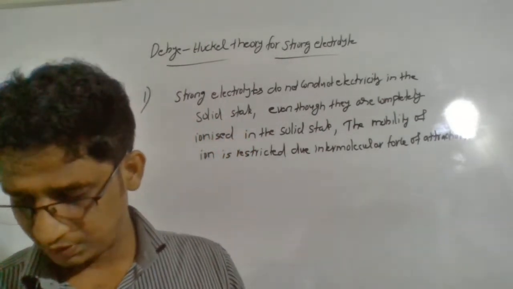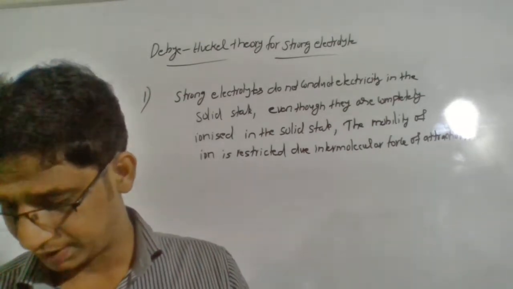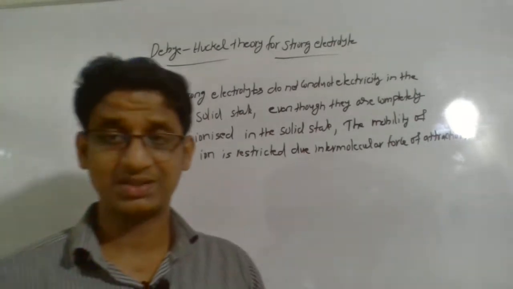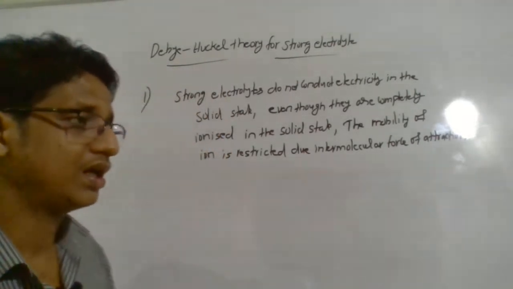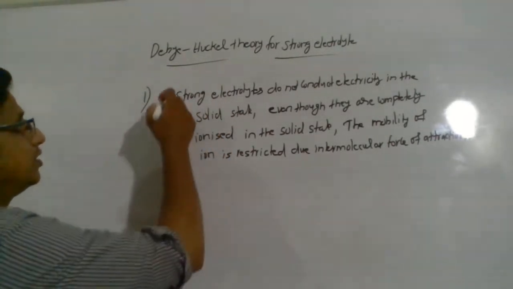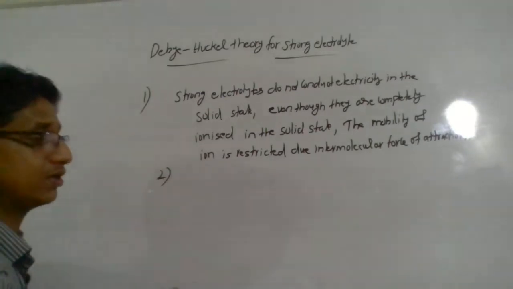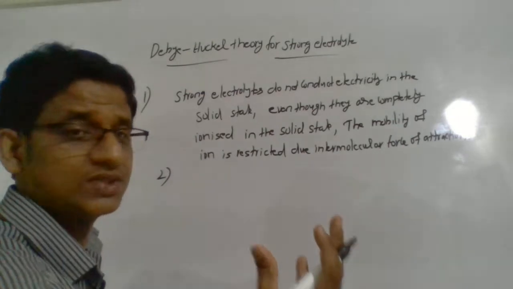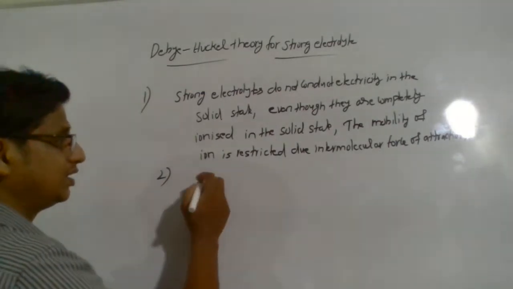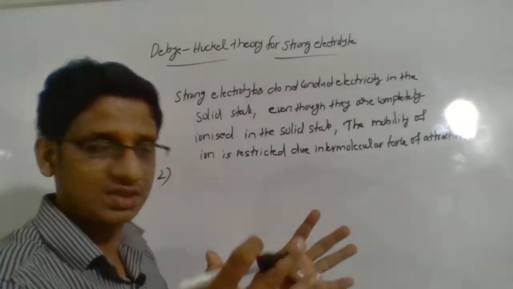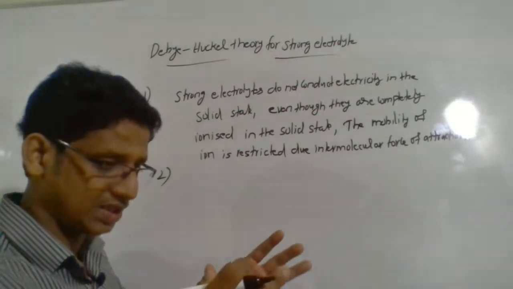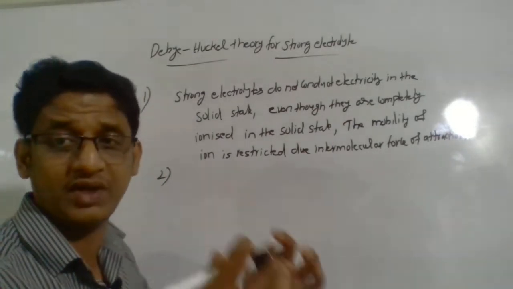Next one: when dissolved in a solvent, the ions become mobile and are thus able to conduct electricity in the aqueous solution. So now we are talking about their conductivity in the aqueous solution. Why is it so? Because in aqueous solutions ions have more space. They separate, almost if not completely, but still the ions have more degrees of freedom of movement.